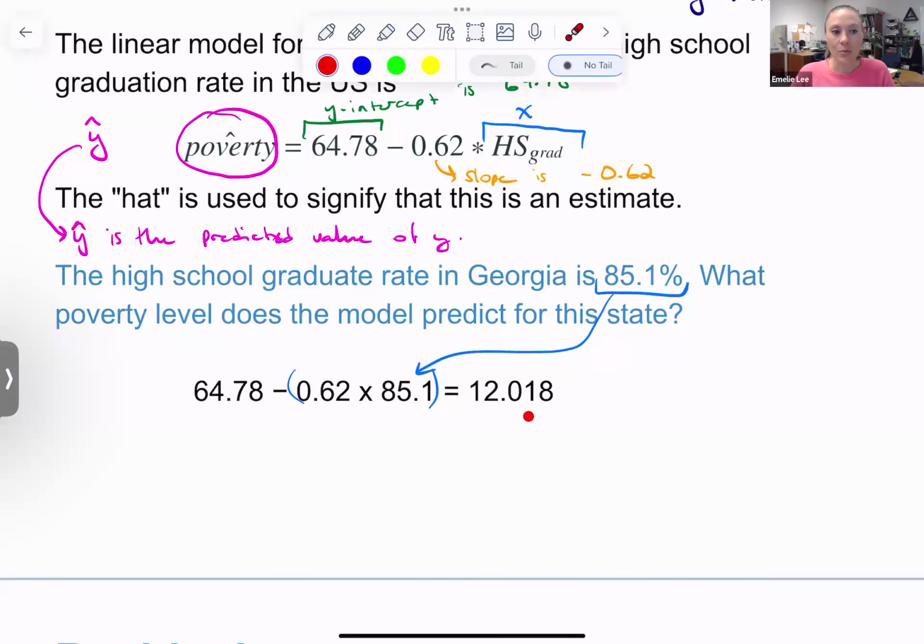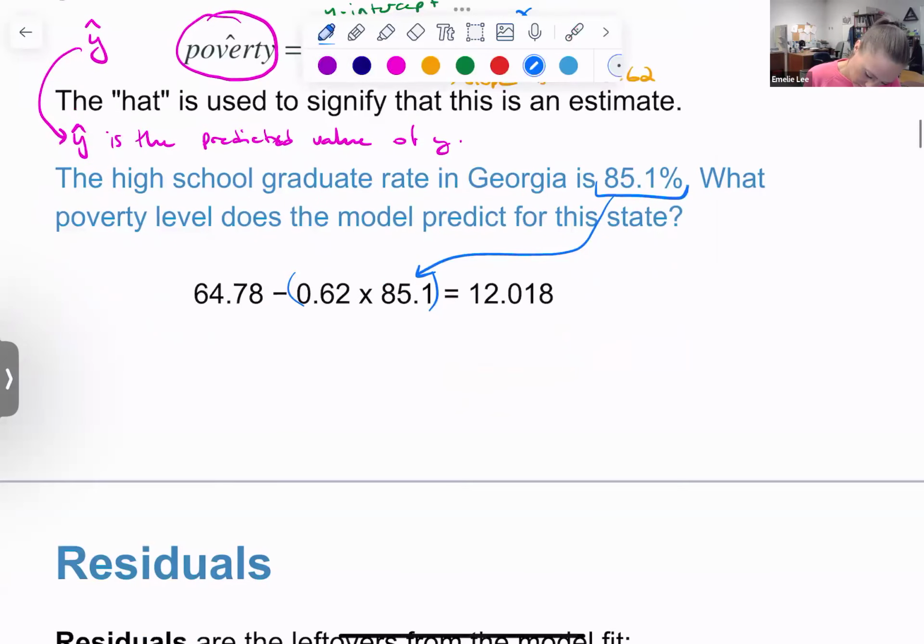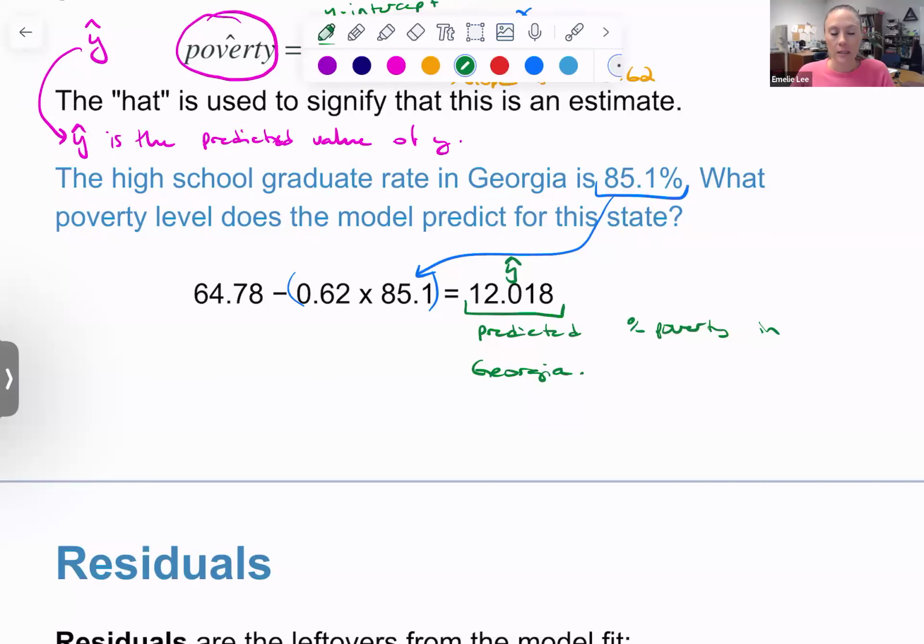But this is the predicted percentage poverty in Georgia. So this is your y hat. This is what we would have predicted using this line.